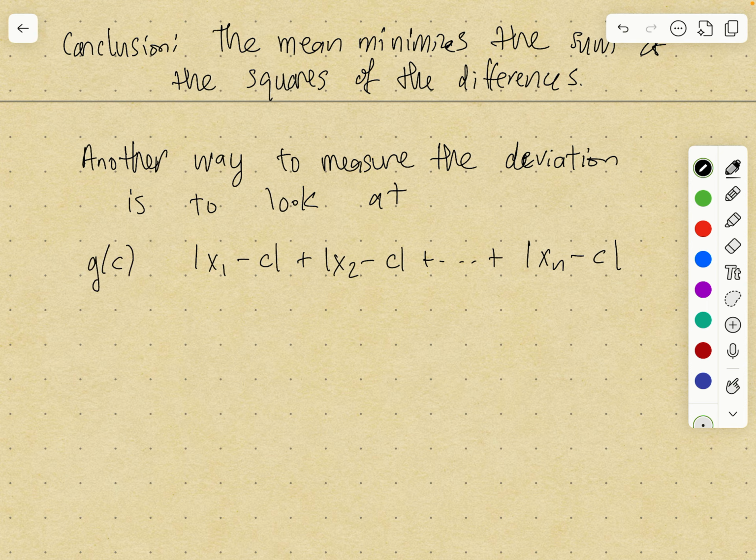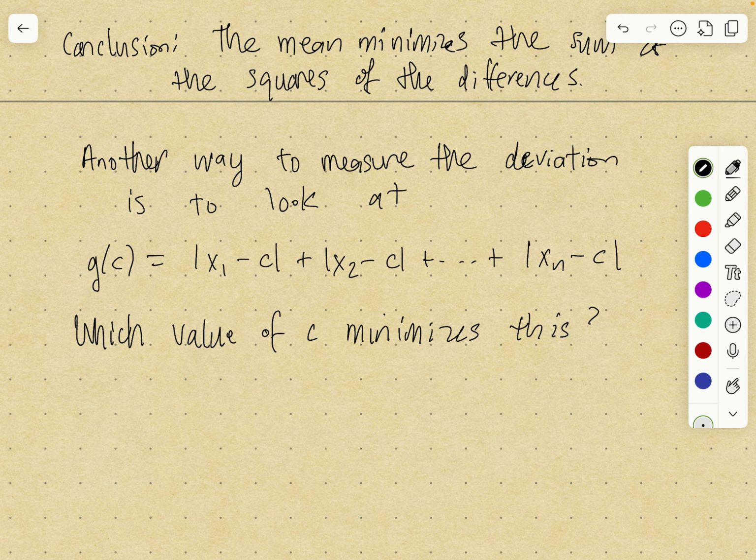So let's call this g of c to separate it from the f of c from before. So this is again a function of c. This time you're just looking at the differences and you're making them all positive, so you don't get -1 or anything, or 0, and then you're just adding up all those differences. And now the question is, which value of c minimizes this?